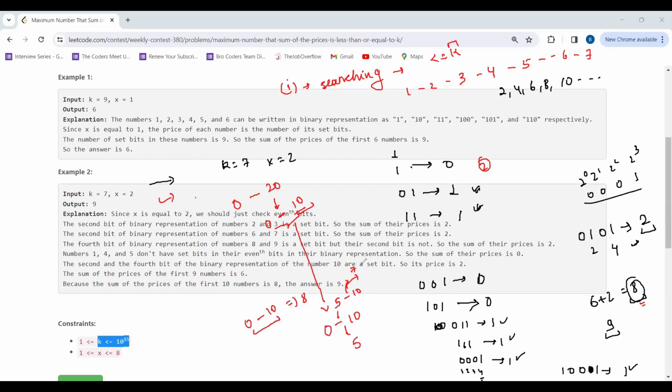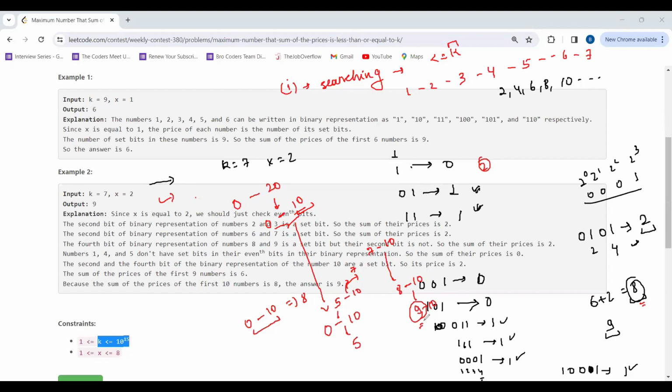For 7 also, we are getting less than or equal to k. Then we'll advance our search to the remaining half, 7 to 10. Then 8 to 10. From there, we'll narrow down our search to 9 to 10. And finally, 9 comes out to be our answer.